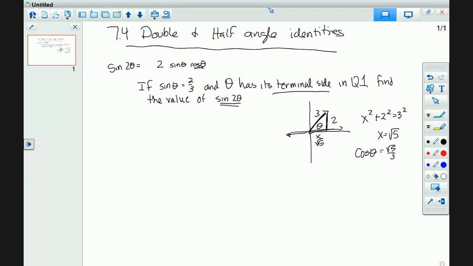Now we have all the info we need. So sine 2 theta is 2 times sine times cosine, which is 4 root 5 over 9.